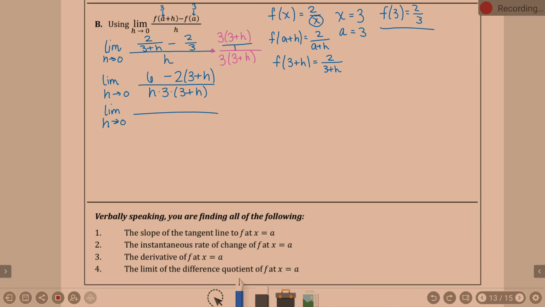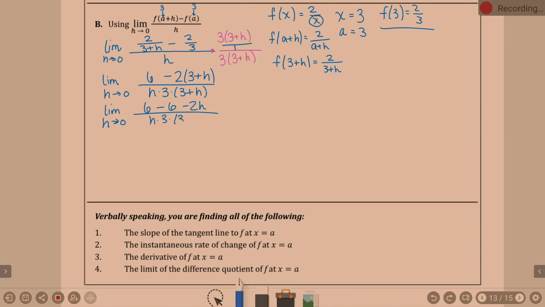I could cancel the 3 plus H from the bottom because it's all multiplied. But on top that is a subtraction. If we didn't have 6, we could do that. But the 6 is there, so this is 6. If we distribute the minus 2, it's minus 6. Not plus H, it's now minus 2H. On bottom, we have H times 3 times 3 plus H.